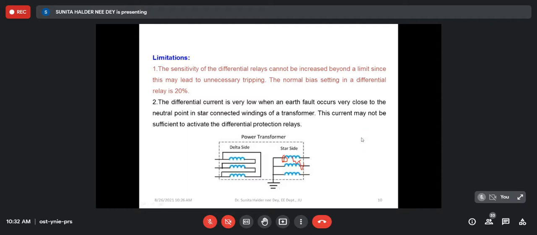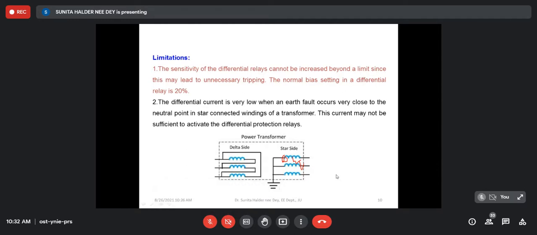So what can we do? Especially for the transformer, a special type of relay is used, the restricted earth fault relay, so that it can identify whether the fault is within the transformer or outside the transformer. The restricted earth fault relay is actually a special type of overcurrent relay. It is used when the differential relay fails, to identify any internal fault in the transformer, maybe near the neutral or anywhere, but it is generally used near the neutral.